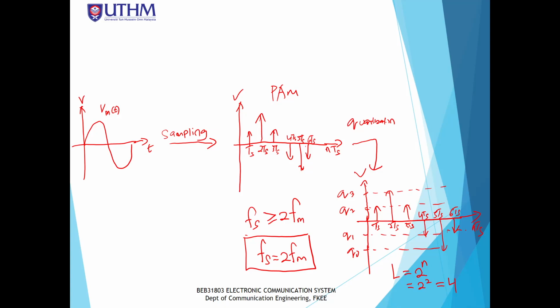But if we use many levels of quantization, we might need a wider bandwidth. So bandwidth is always one of the constraints in a digital system, and we need to consider the bandwidth limitations as well.